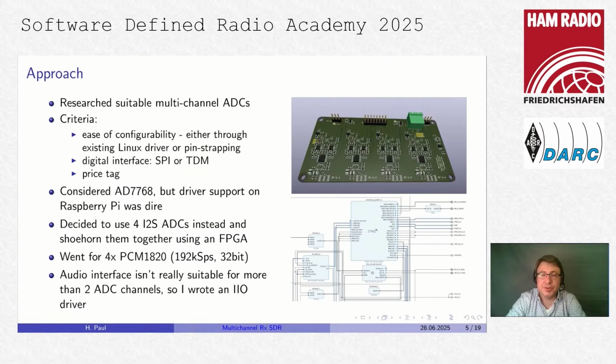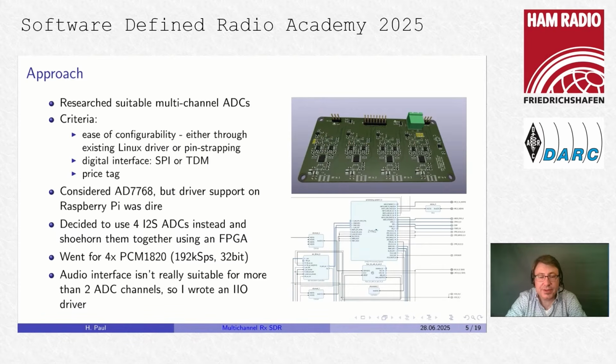It was not clear to me how difficult it would be to get this ADC running on a Raspberry Pi. So I went a different way because I realized that I would need to use an FPGA anyway. Then I said to myself, okay, I might as well then use 4 separate stereo ADCs. And this is how I did it then in the end.